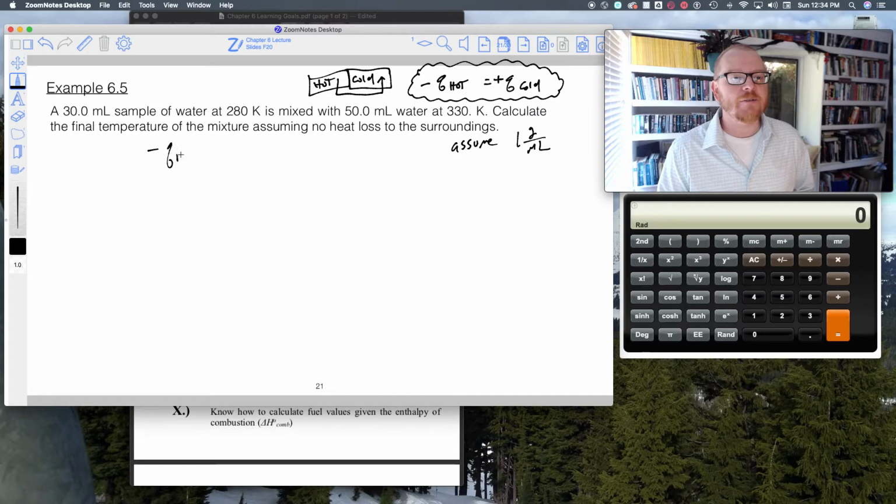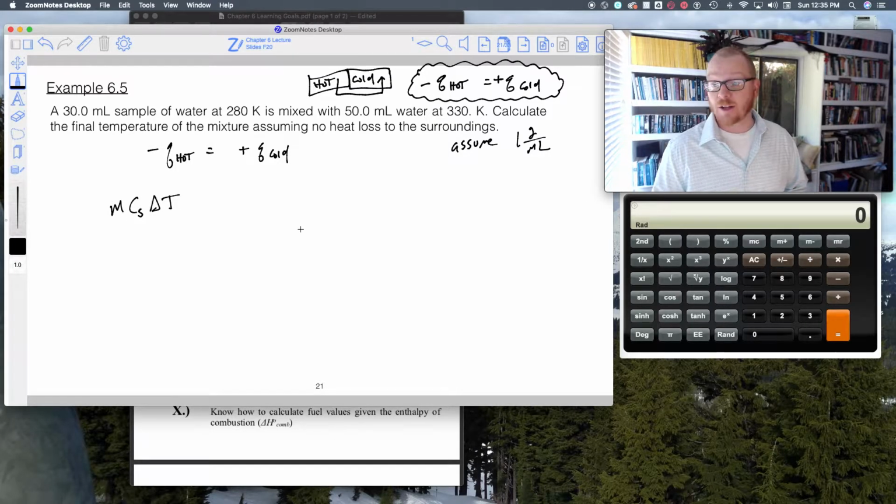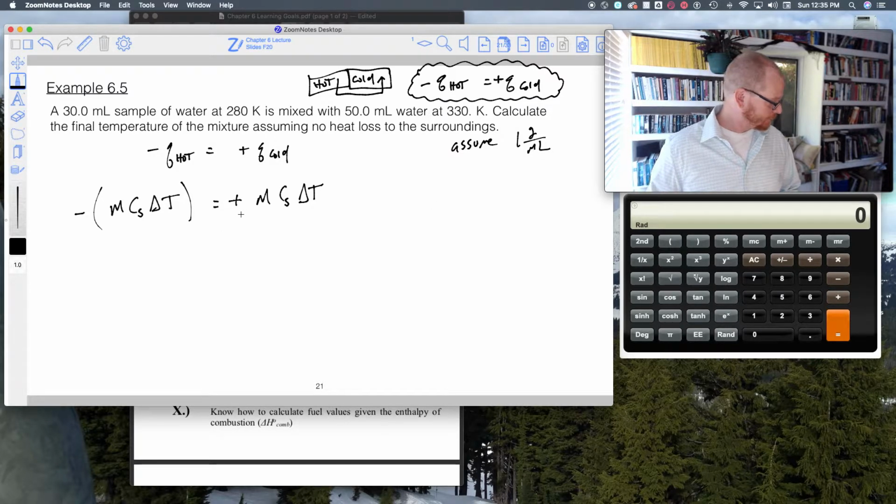So if we have negative Q hot equals positive Q cold, and I've got mass in the form of density from my volume, then I know that Q equals M times Cs times delta T, and there's a negative, so that's for the hot object. And for the cold object, that's going to be an M times a Cs, also times a delta T, okay? And of course, there's a positive sign in front of there.